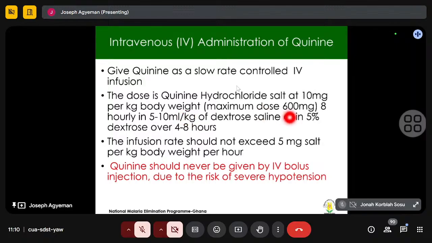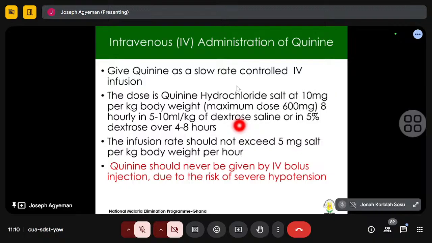Cutoff point is 600. If you calculate and you get more than 600, the patient cannot take more than 600. And it is every 8 hours. In the recommended diluent, 5 to 10 mils. So in order not to confuse yourself, you can focus on 10. So the dose is 10. The amount of the diluent is also 10. So 10 mil per kg of the dextrose.